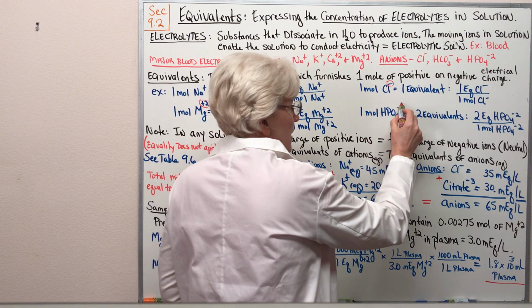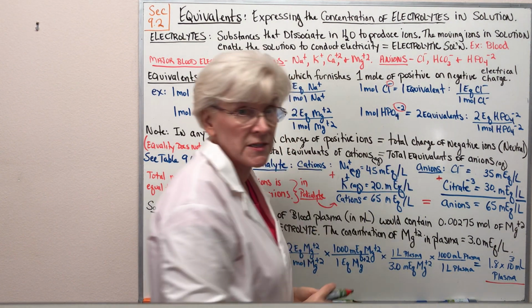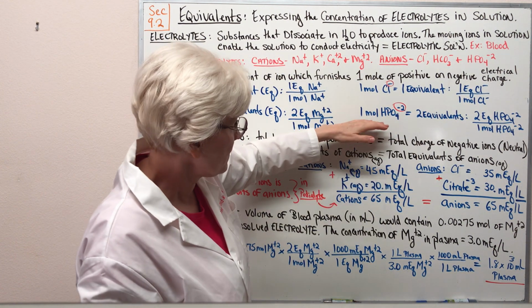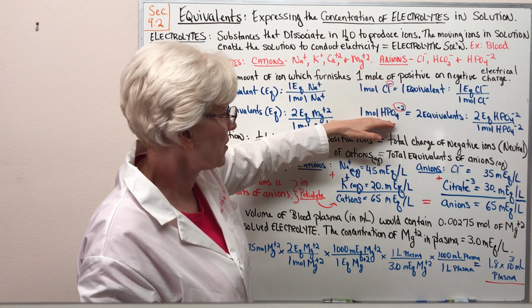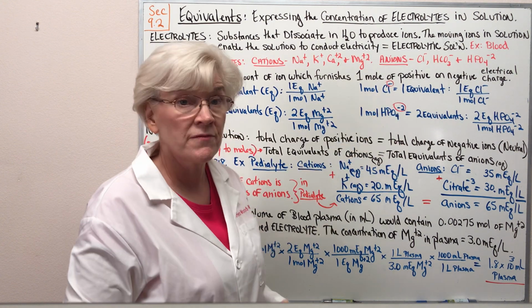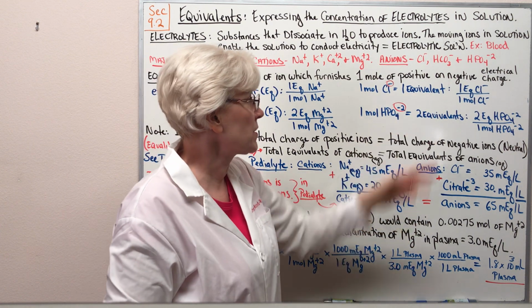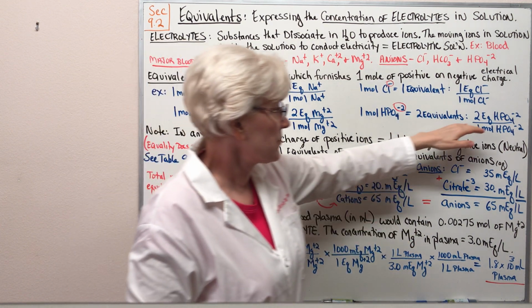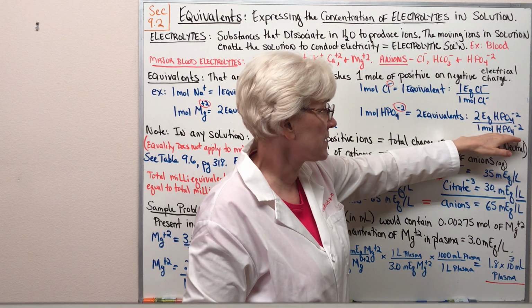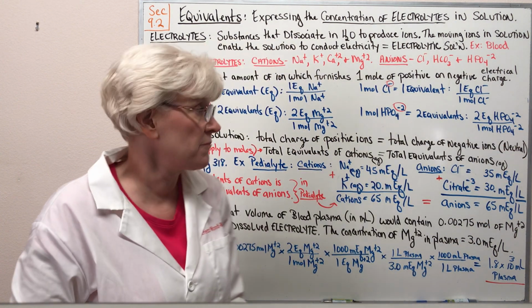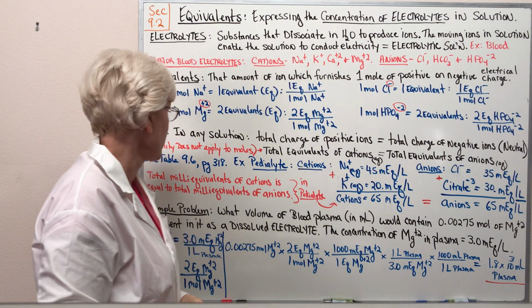The charge on monohydrogen phosphate is -2. That means that for every 1 mole of monohydrogen phosphate, you have a total of 2 moles of negative charge, or 2 equivalents. So 2 equivalents of monohydrogen phosphate for every 1 mole of monohydrogen phosphate ion.